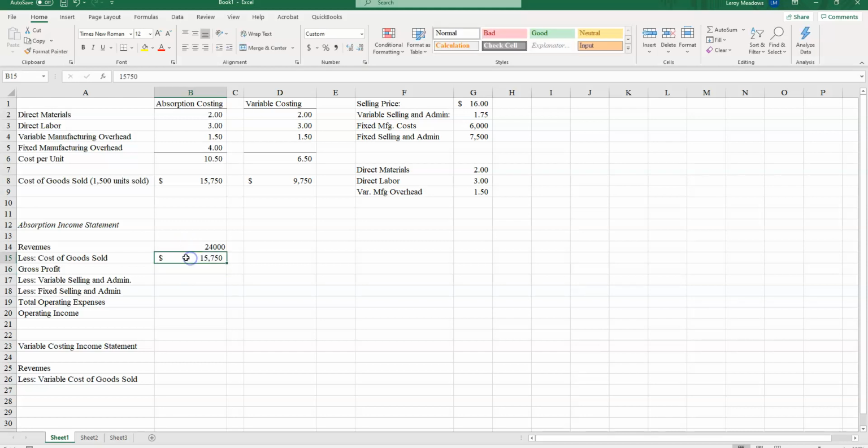And what does that give me for gross profit? Gross profit, again, is revenues minus cost of goods sold. So when I do that, what is my gross profit? My gross profit is $8,250.